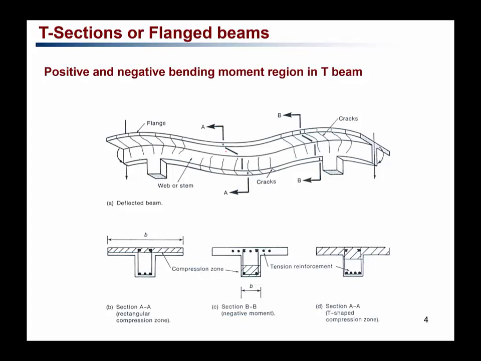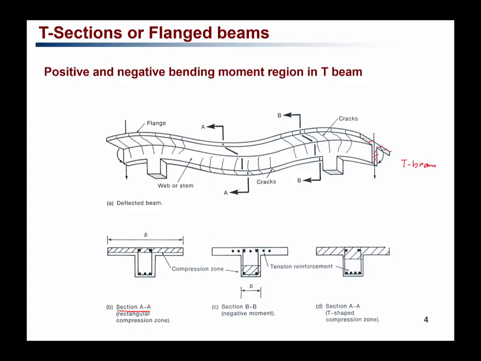First one, section AA, when the equivalent stress block, the compression block in the concrete, falls within the depth of the slab. So in this case, the slab is acting together with the web, giving the flange section like a T-beam.